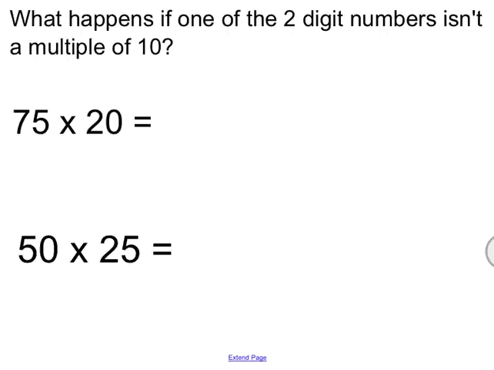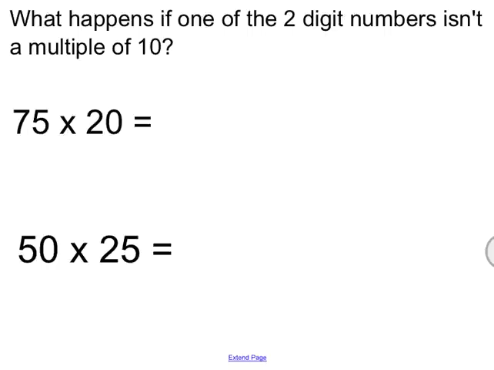Okay, so what happens if one of the two-digit numbers isn't a multiple of 10? Well, if one of them isn't a multiple of 10, then most likely we won't be using basic facts, but that doesn't mean that we still can't multiply, then add zeros.